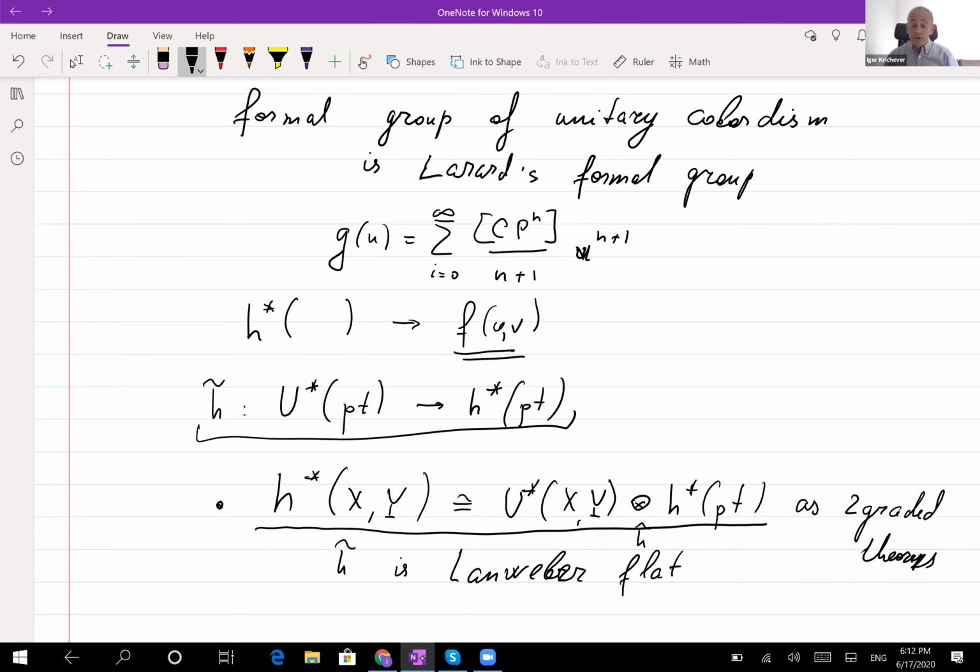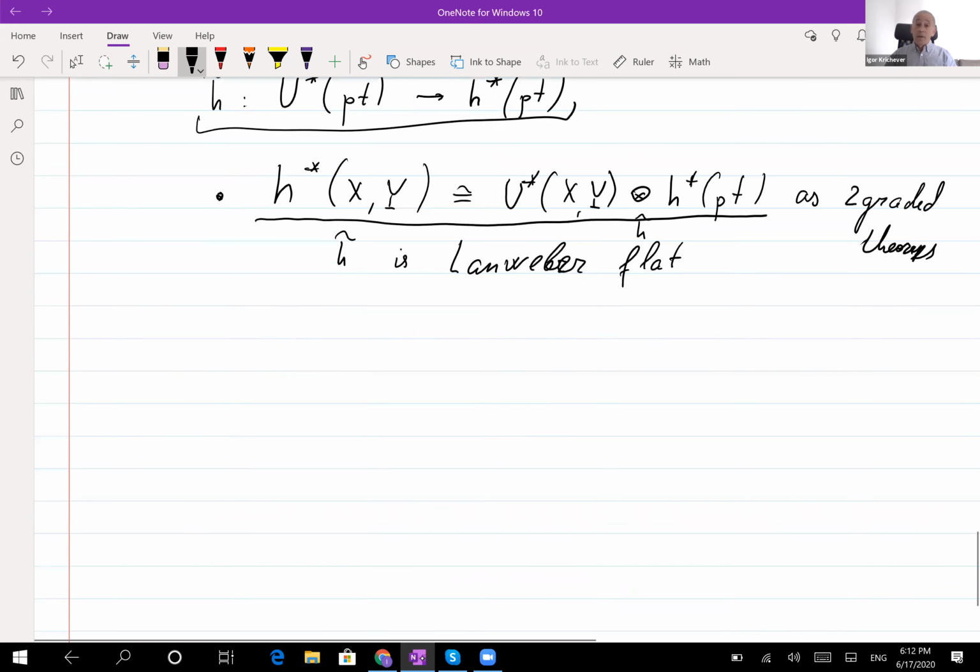So we reverse the logic: from the theory to the formal group. Instead, I want from the formal group to define a theory. Any questions?